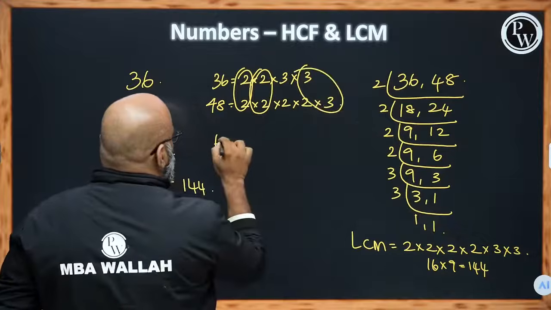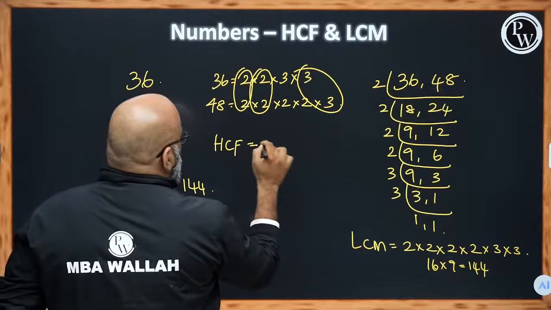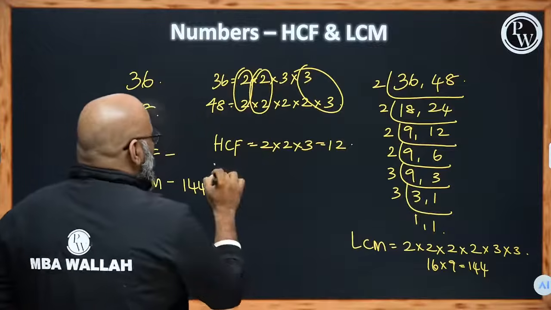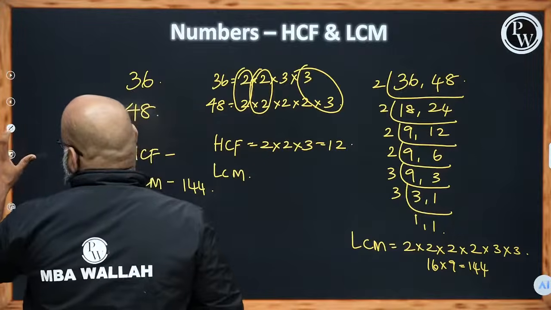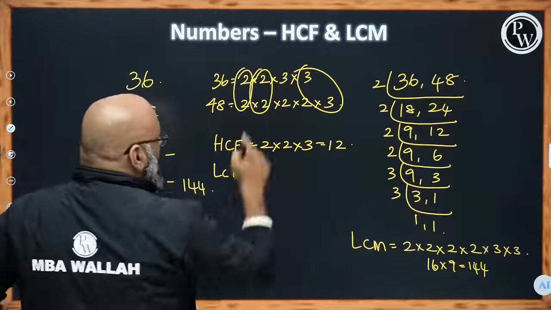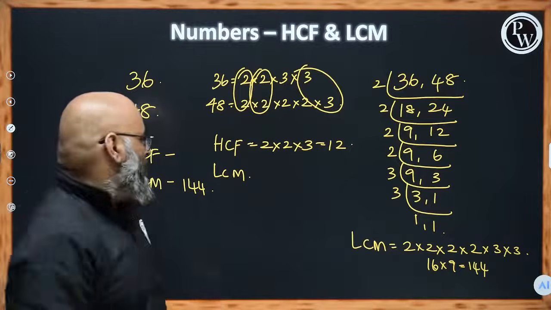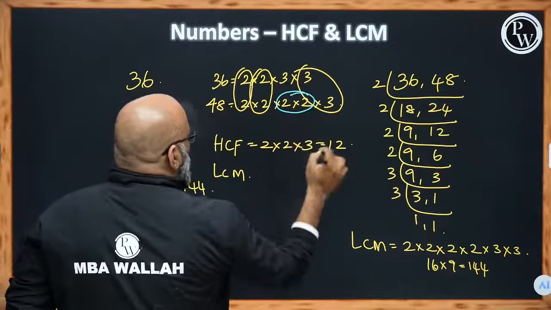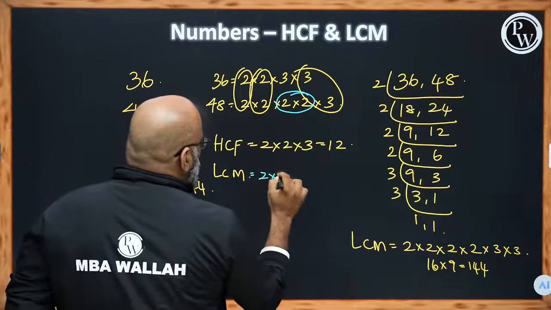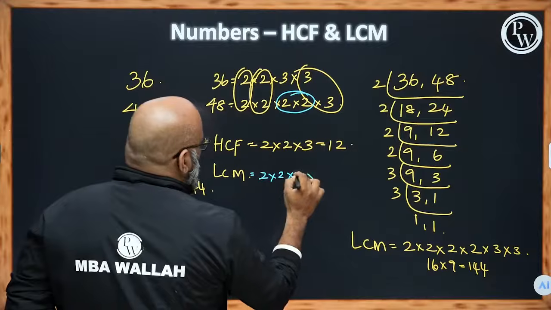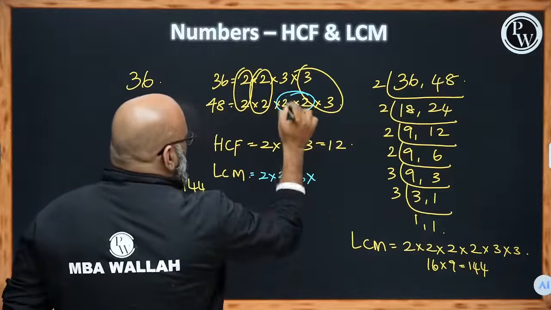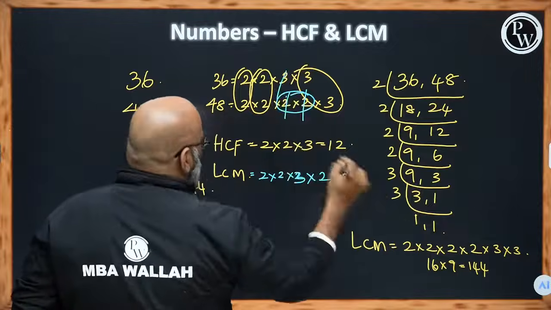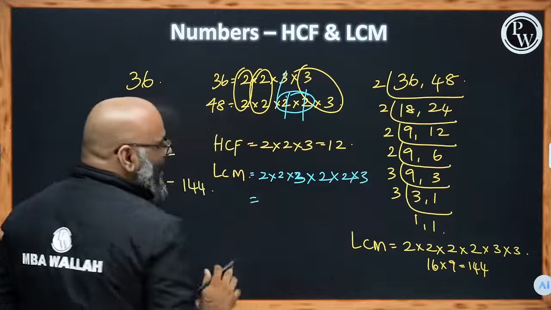So HCF is equal to 2 into 2 into 3, which is 12. For LCM, whatever is left out, we take that part alone. You take the common 2 into 2 into 3, then this 2 again, this 2 again, and this 3 again, and then you get it.